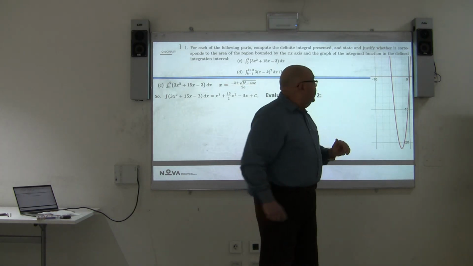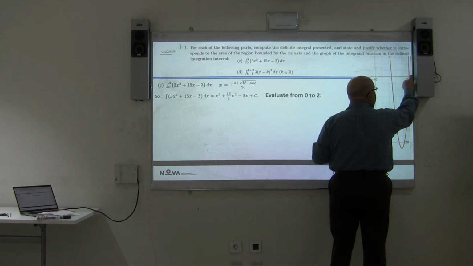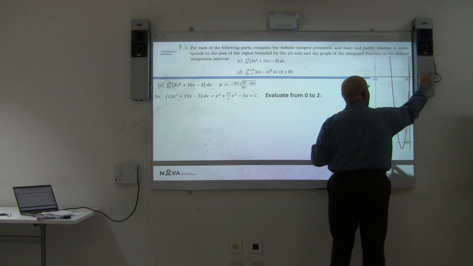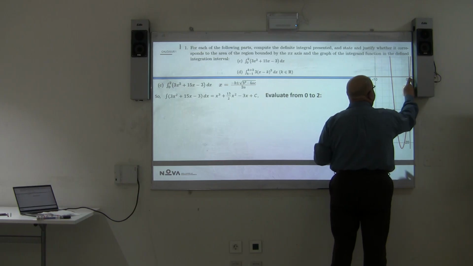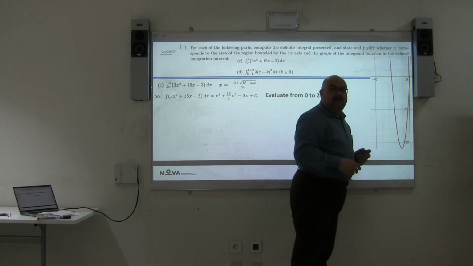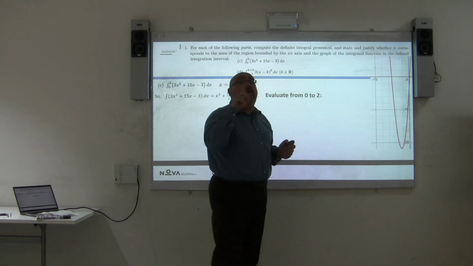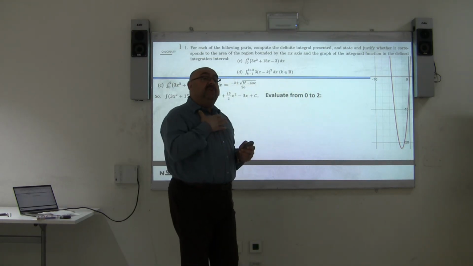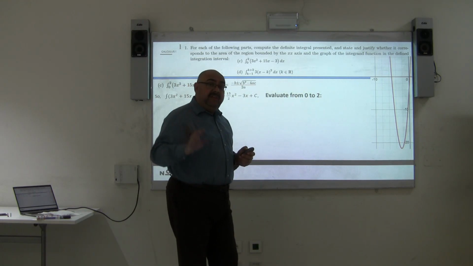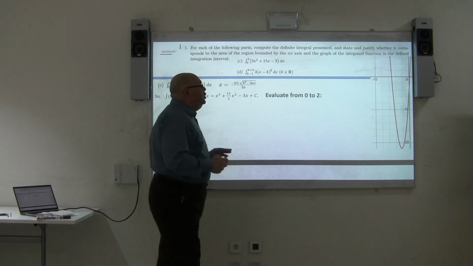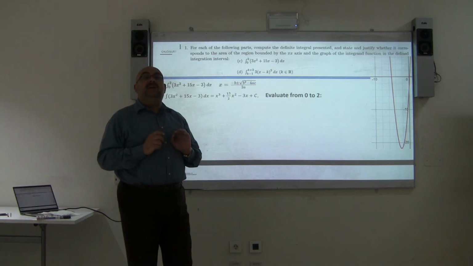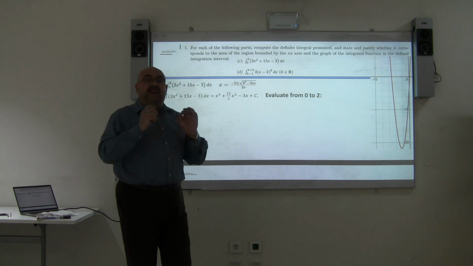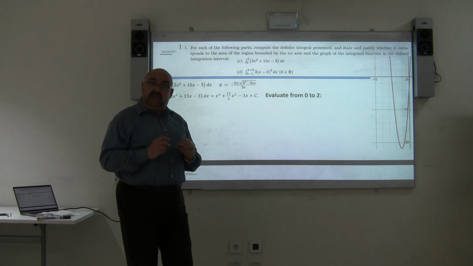Remember that I'm integrating from 0 to 2. In this case, I have some space beneath the x-axis and another part above it if I'm evaluating the area. But if I'm evaluating the whole integration, it will give me the final result, the difference between the positive and negative areas.